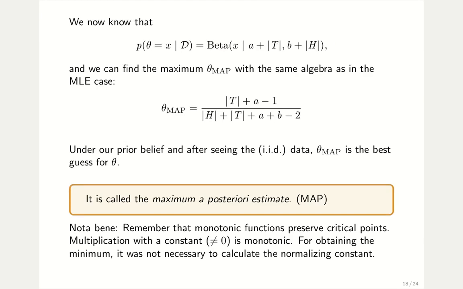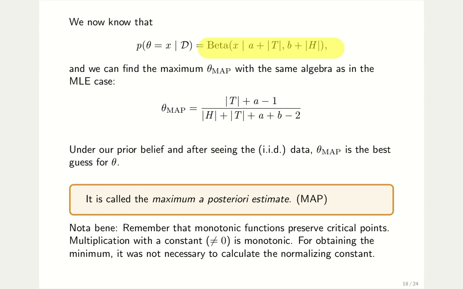An immediate and very nice consequence of this reverse engineering trick is that we can easily determine the distribution of our posterior. Because of this trick, we know that our posterior needs to be a beta distribution, and we even know the parameters. Now, just like in the maximum likelihood case, where we maximize the likelihood, we can set out to maximize the posterior.